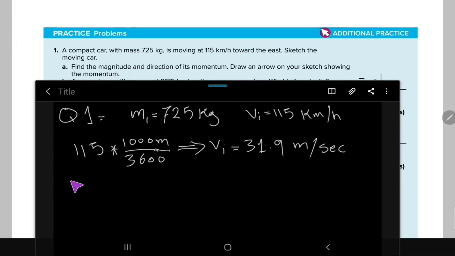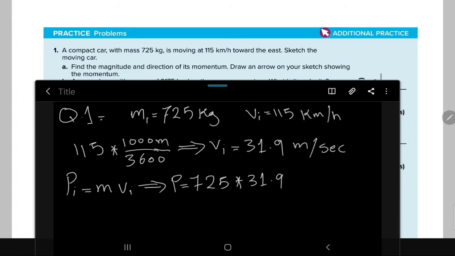We know that the equation of the momentum is P initial equal to m v initial. That means P, the momentum, is equal to the mass multiplied by the initial velocity. So P equal to the mass, which we have from the question, 725, multiplied by the velocity, which is 31.9.